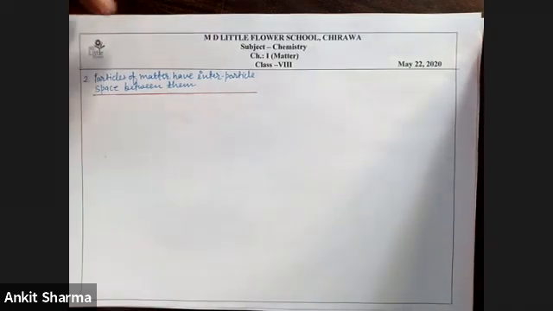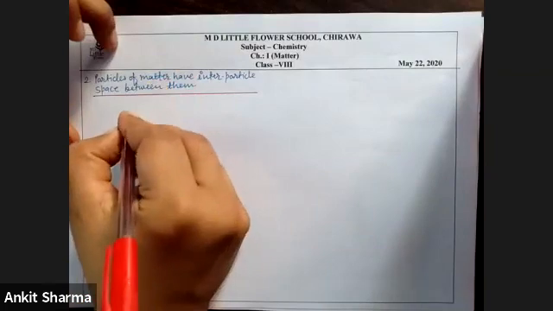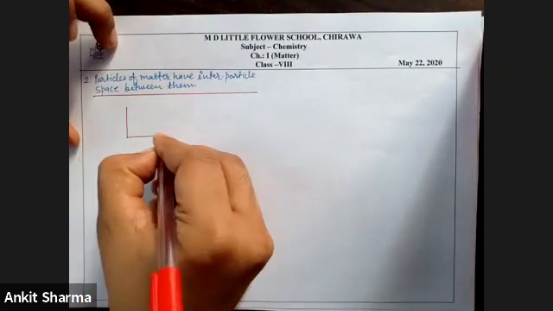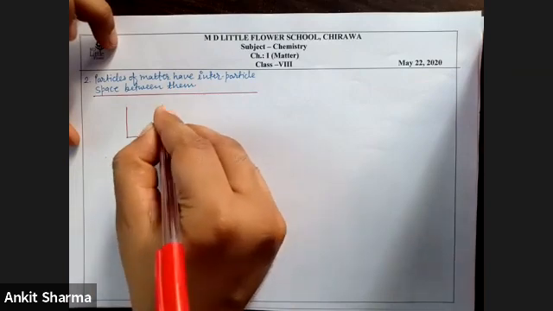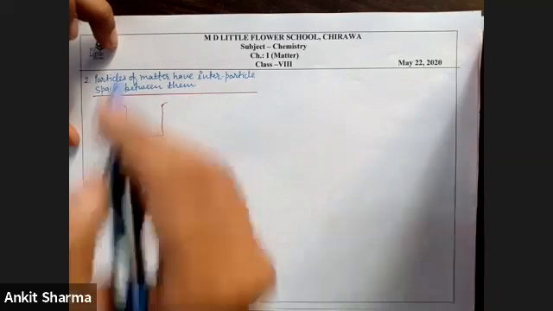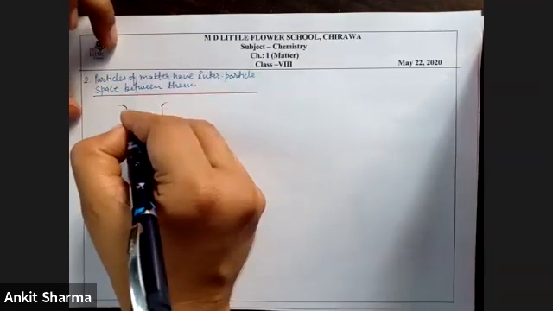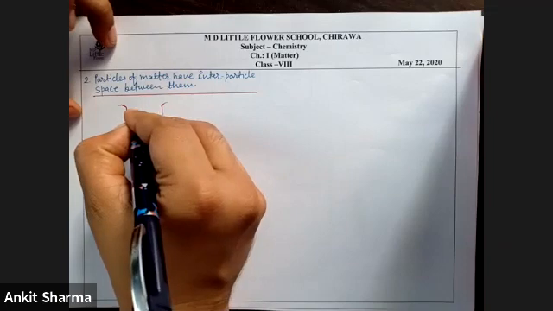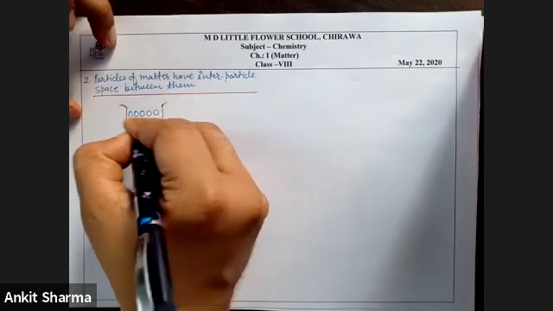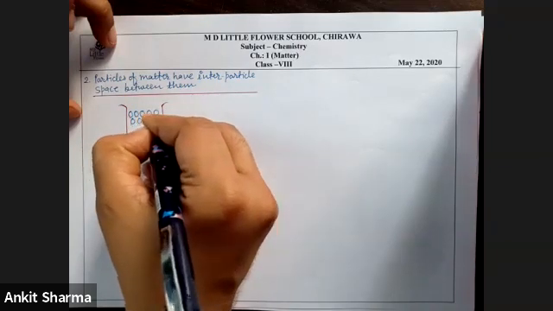Now, let's see. We have here one pot, or we collect a picture. Okay, let's suppose these are the molecules of water, or the particles of water.